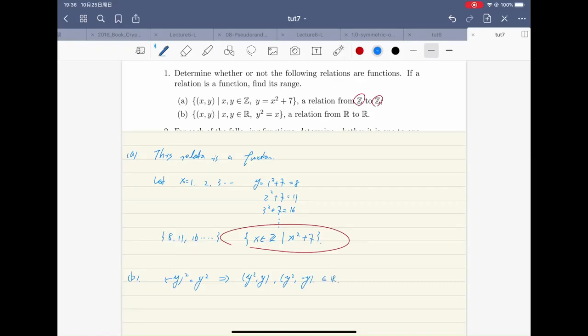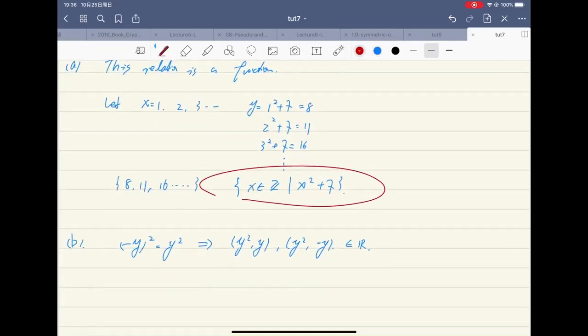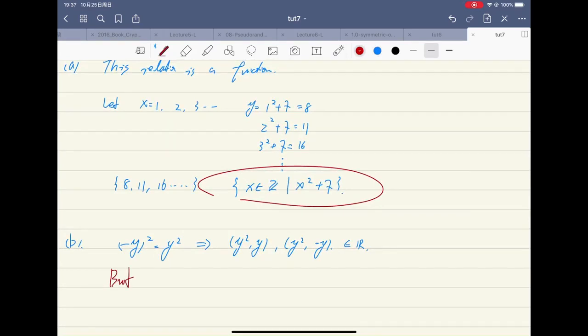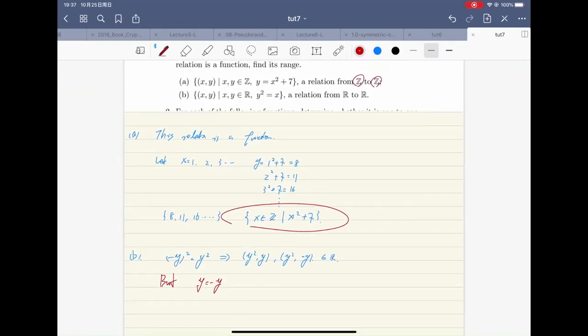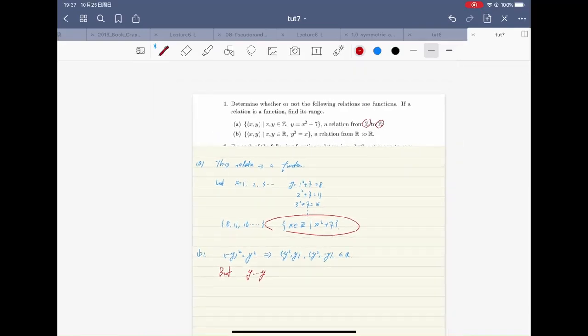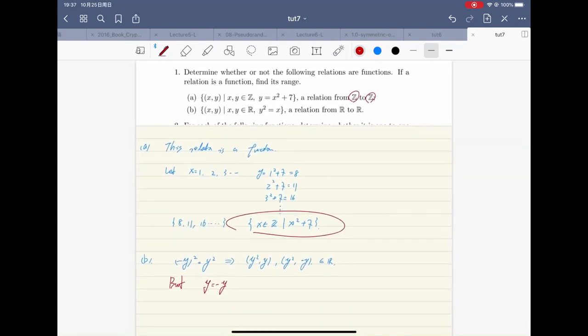But we know that y is not equal to negative y. So for a value in the domain, it has two values in the codomain. So this relation cannot be a function because it does not meet the requirement of a function. So that's the first question.